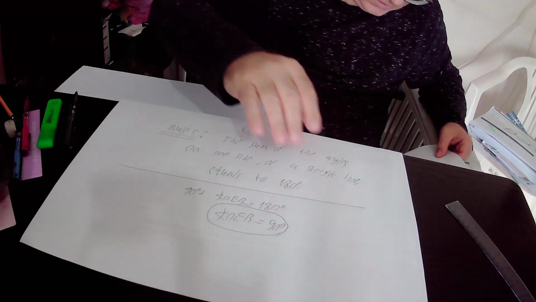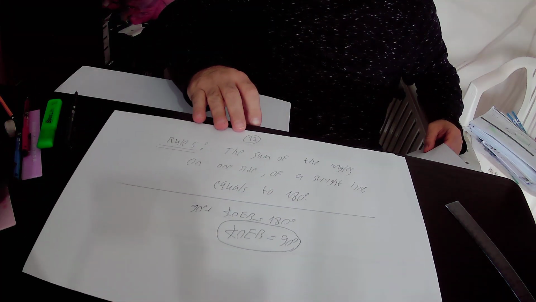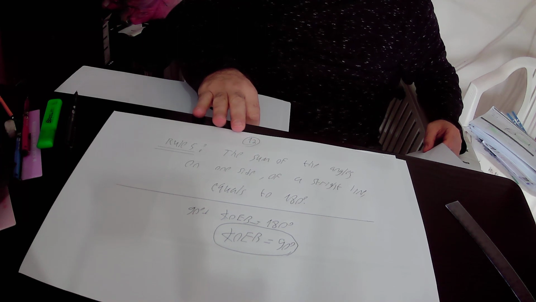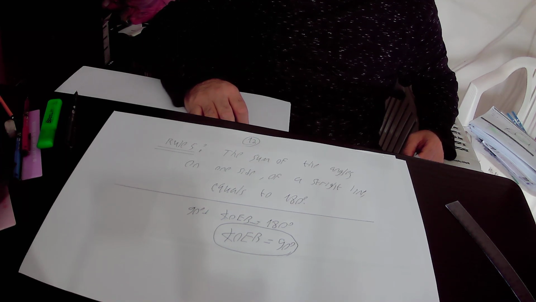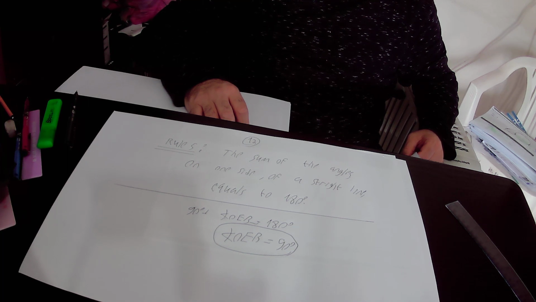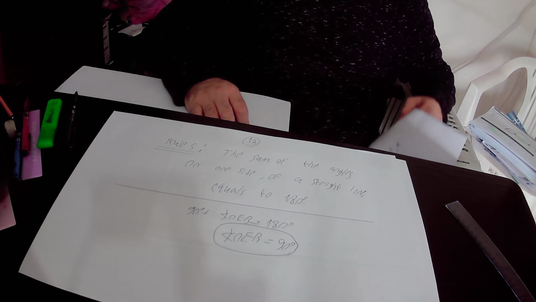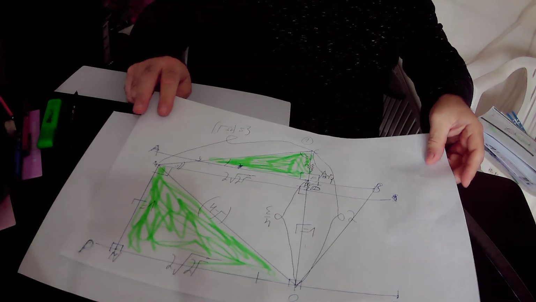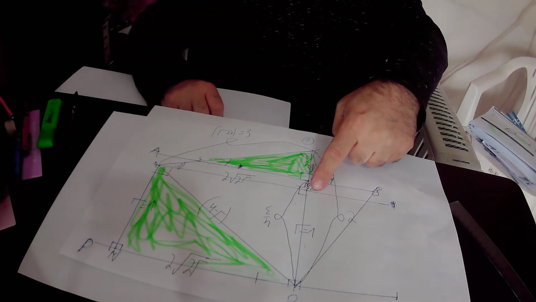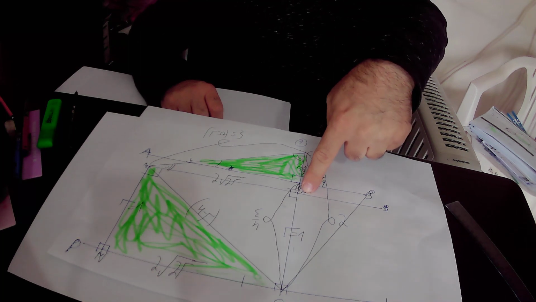Then I presented to you rule number 5, that the sum of the angles on one side of a straight line equals 180 degrees. And we wanted to find the size of this angle OEB.